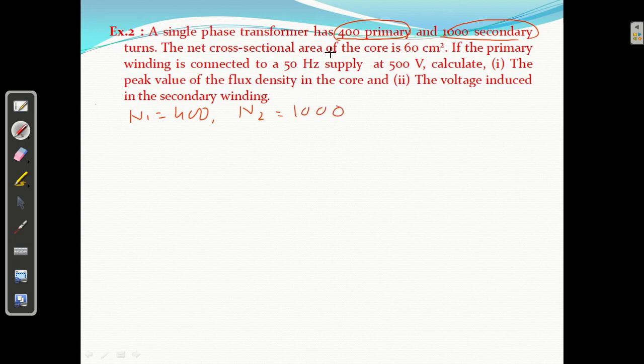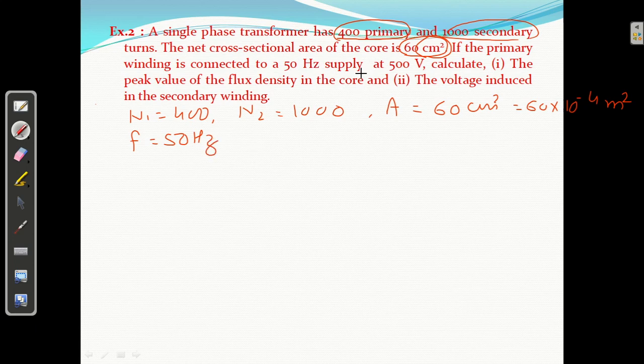The net cross-sectional area of the core is 60 centimeter square, or 60 into 10 raised to power minus 4 meter square. If you convert centimeter square into meter square, minus 4 will come. The primary winding is connected to 50 hertz.